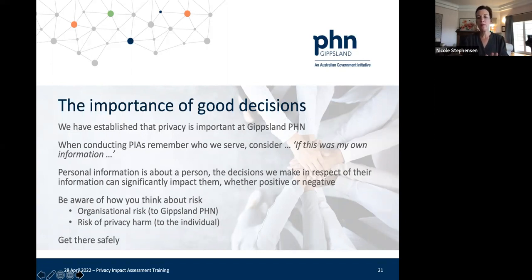So do keep that in mind. And I guess where I'm going with all of this is that the privacy risk assessment process for Gippsland PHN that is being implemented now is all about getting there safely and managing your projects from end to end in a way that shows that you make good decisions and is a safer, more attractive option for the PHN.